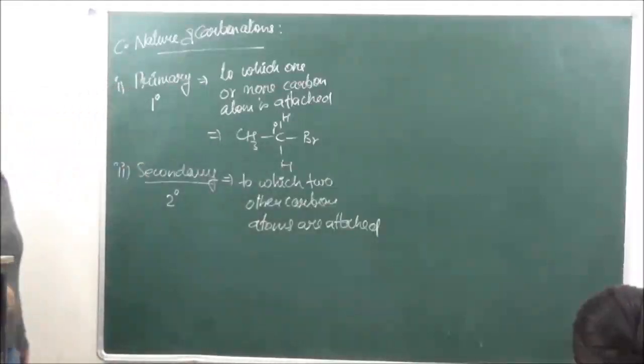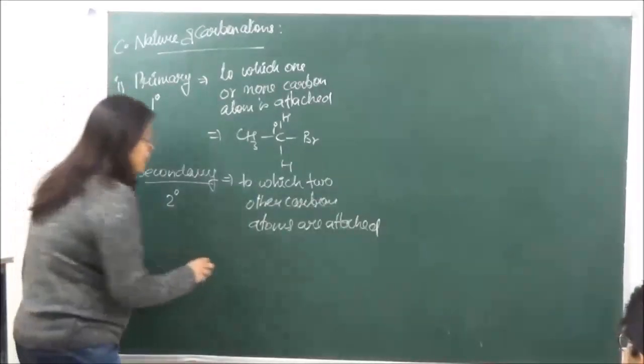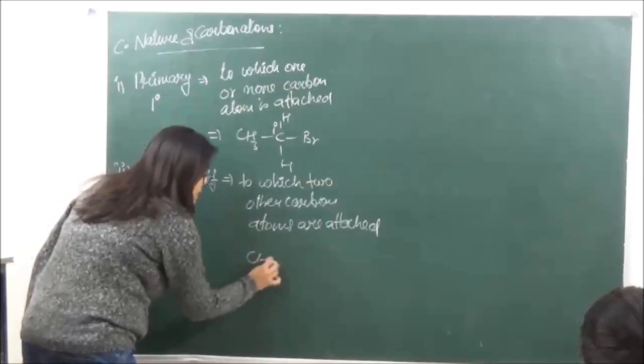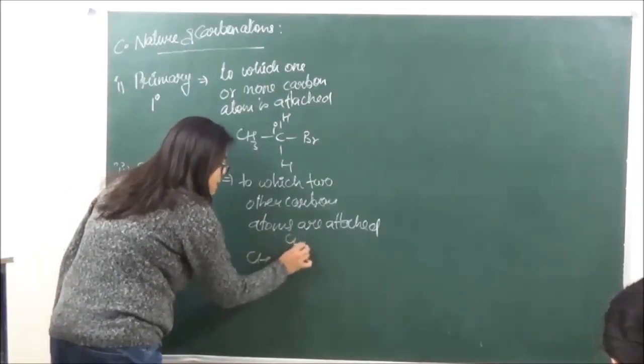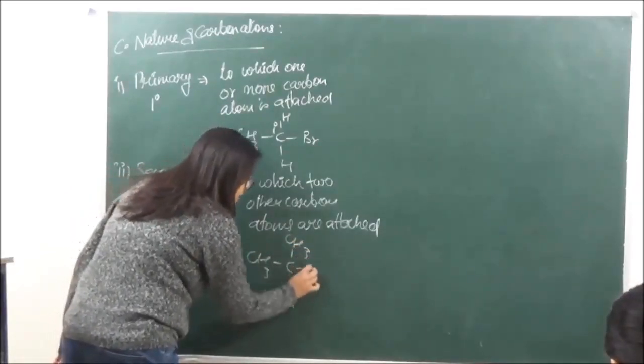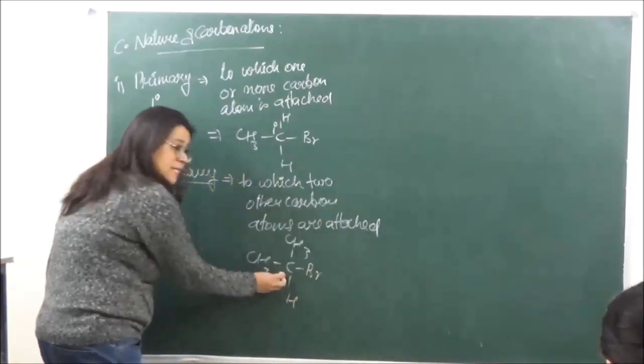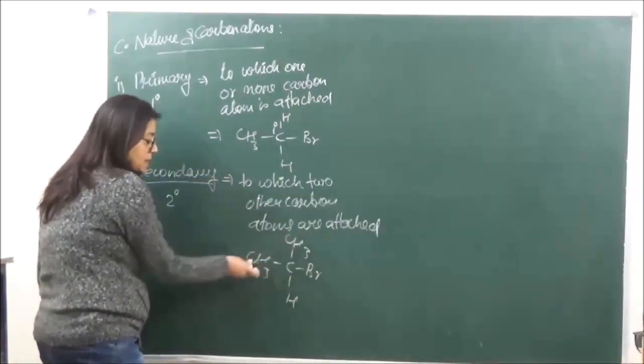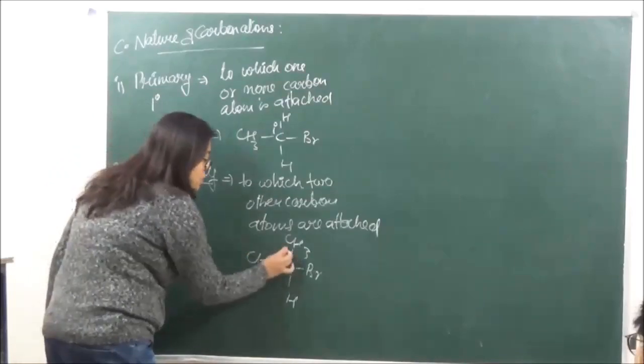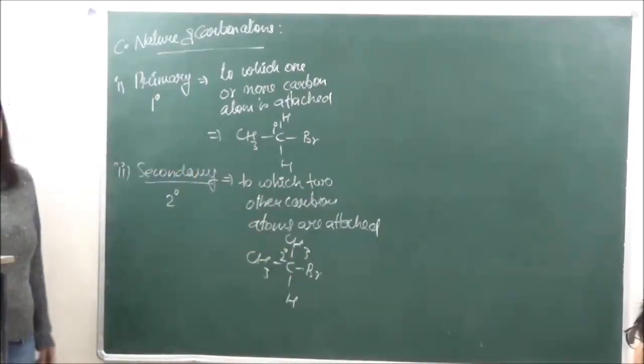Okay, so there are going to be two other carbon atoms. An example which we can take over here, we have CH3, C, CH3, H and Br. So if you're looking at this carbon atom over here, we have one carbon atom and two carbon atoms attached. So this is going to be a 2 degree carbon atom.